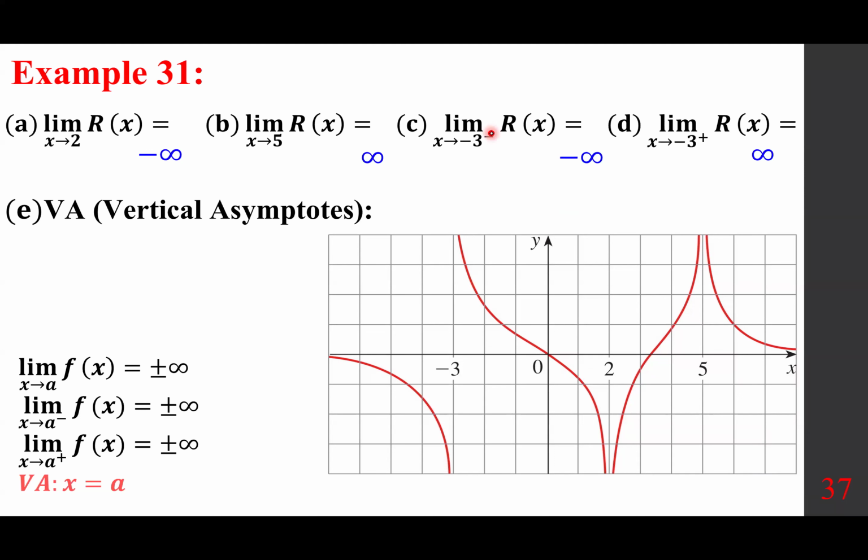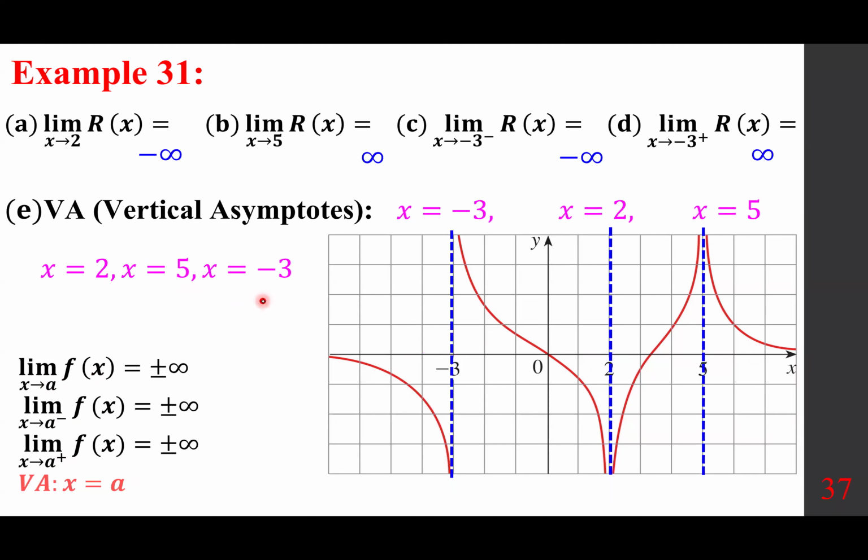And that's the definition of a VA. As you know, if the limit of f(x) when x approaches a, or a from the left or a from the right, is positive or negative infinity, x equals a is the vertical asymptote. So the vertical asymptotes have equations x equals 2, 5, x equals negative 3. So that comes with the definition, everybody.